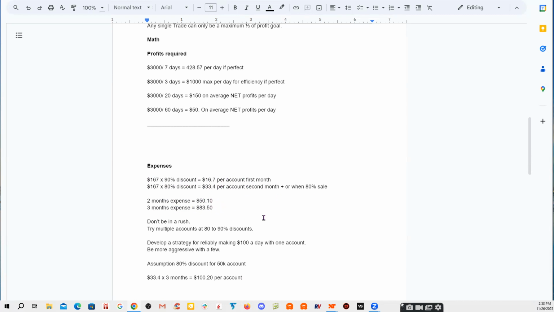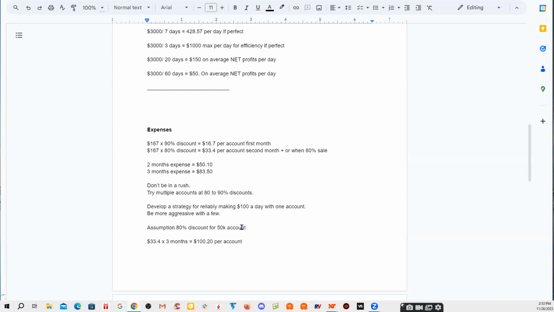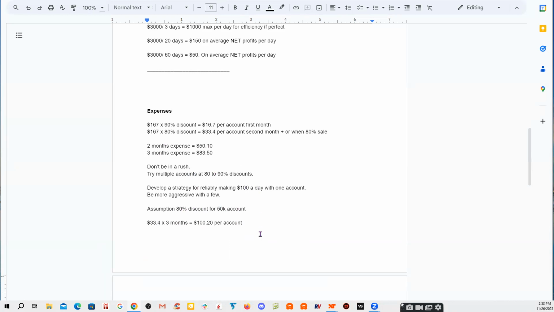If you do them all at 80%, then it's going to cost about $100 per account for 3 months. So in 3 months, that would be your accumulated cost, just using it at an 80% discount, which is typical. They run these sales all the time. Currently, they're on a 90% sale.